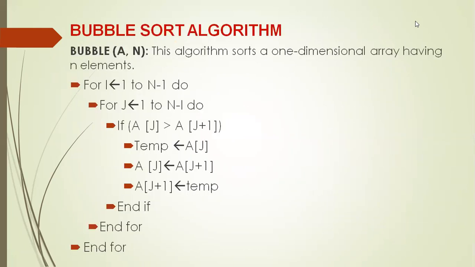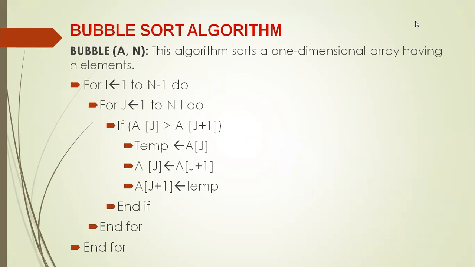You can observe here, when I equals 1, in the first step, if there are 10 numbers, the number of comparisons will be 9. In that case, when I equals 1, J varies from 1 to n minus 1. N is 10, 10 minus 1 is 9. So 9 comparisons. When I becomes 2, the number of comparisons involved is n minus I. N is 10, I is 2, 10 minus 2, 8.